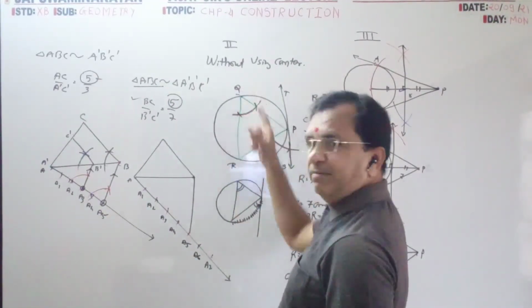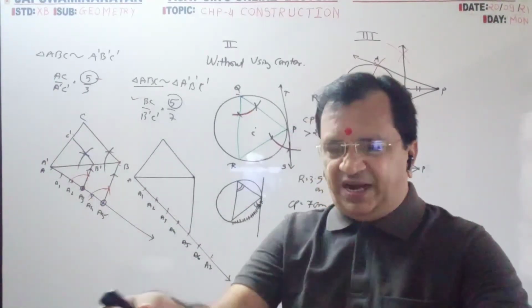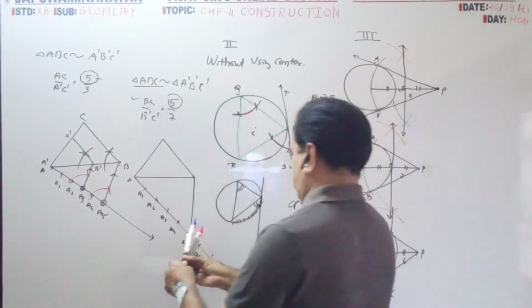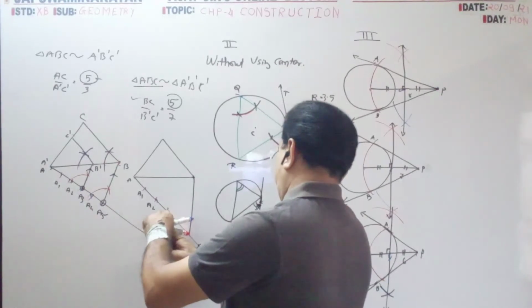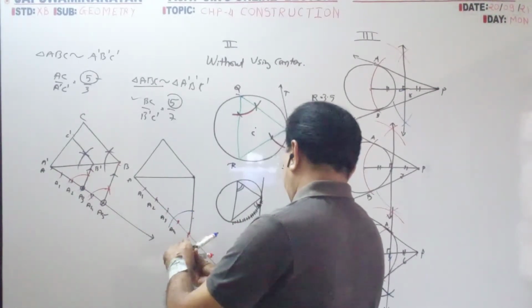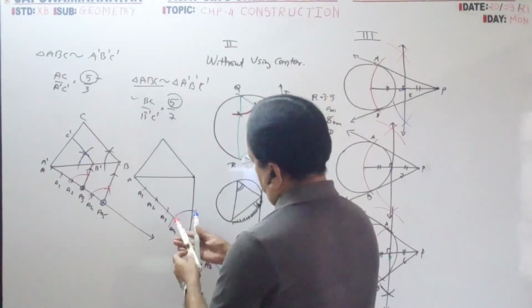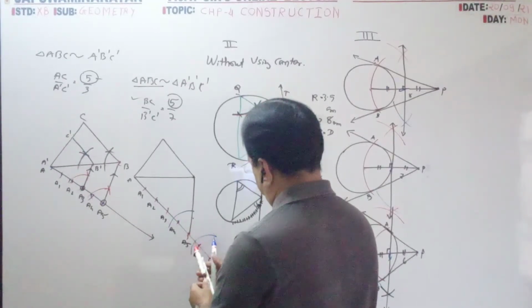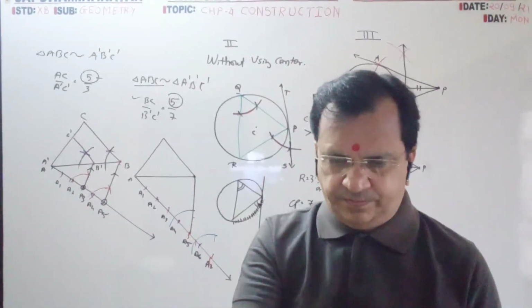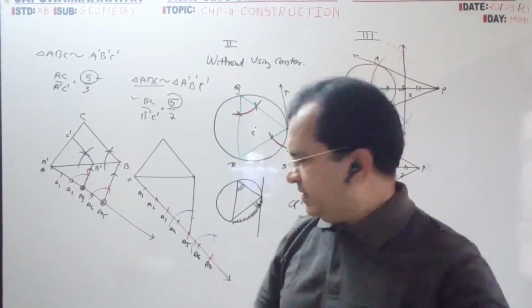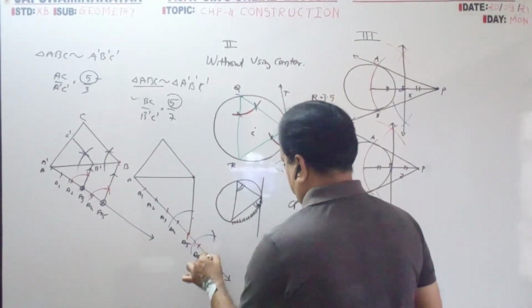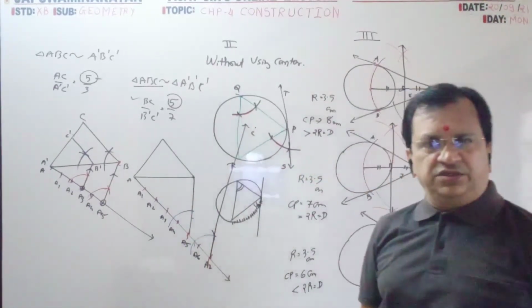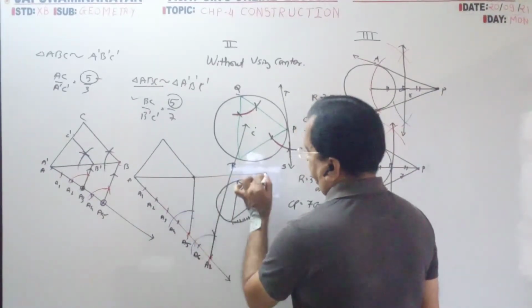Now from 7, the parallel. How to draw the parallel? From here 1, 2. Now take the measurement and cut. Continue this long and extend this.